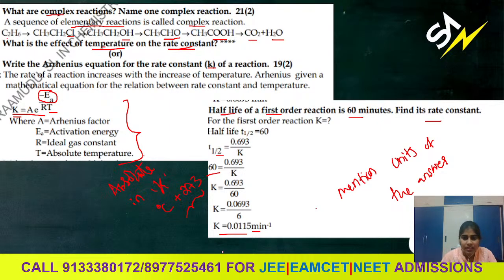So here the rate constant will be in the form of minute inverse, because if you take the rate constant to the left side and T half to the right side, the time unit, that is the minute, will be inversed. So that is written in the final answer as minute inverse. In this way you can get a few problem questions from chemical kinetics.